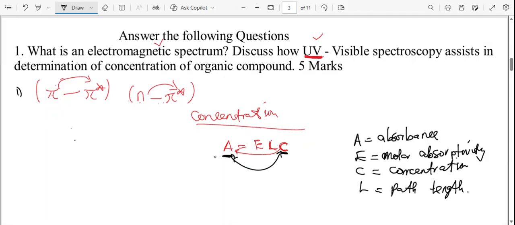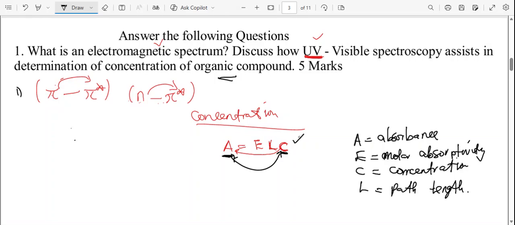Okay. So Beer-Lambert will give us the concentration of these organic compounds. To calculate the concentration of these compounds, we use what we call the Beer-Lambert equation, which states that absorbance is equal to absorptivity times path length times concentration.